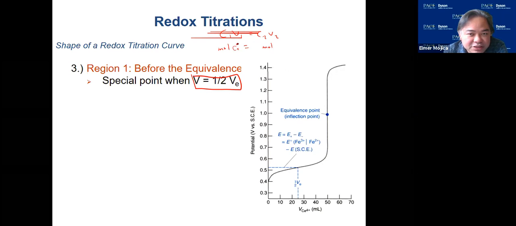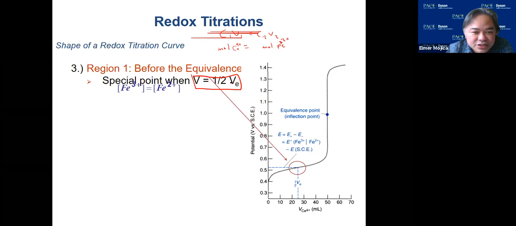So the moles of Ce4+ and the moles of Fe2+. At least this is a 1:1 mole ratio in terms of the reaction. So we use a simple one because we can have a complicated one like the experiment that you did 2 weeks ago, the one with the MnO4- and the oxalate.